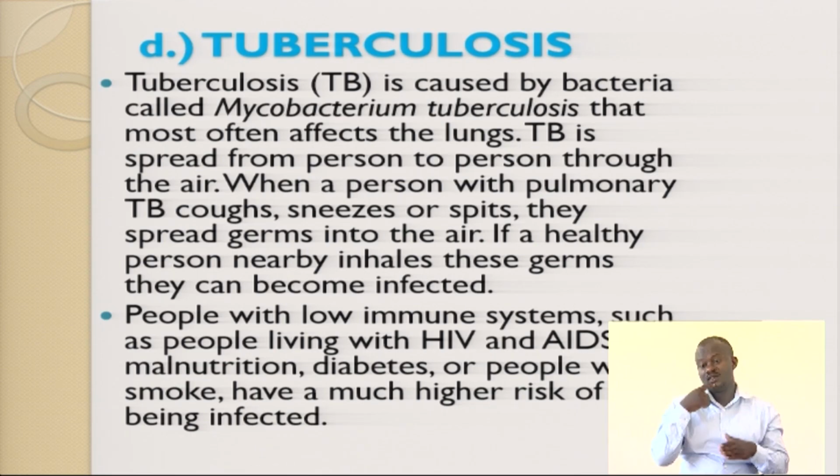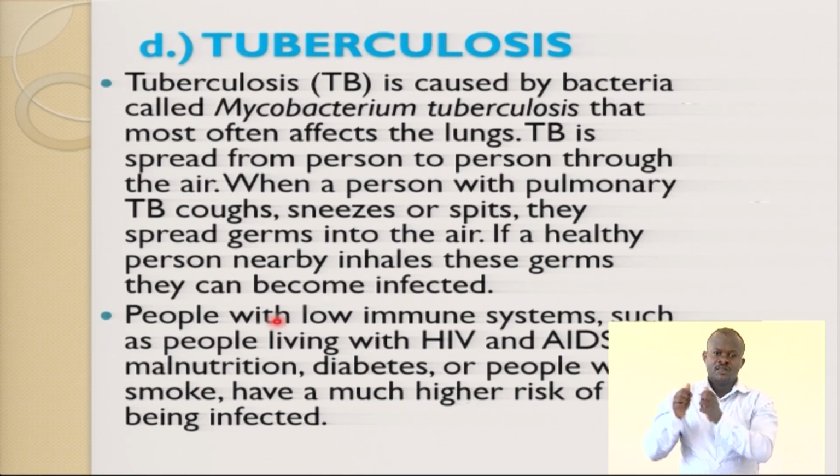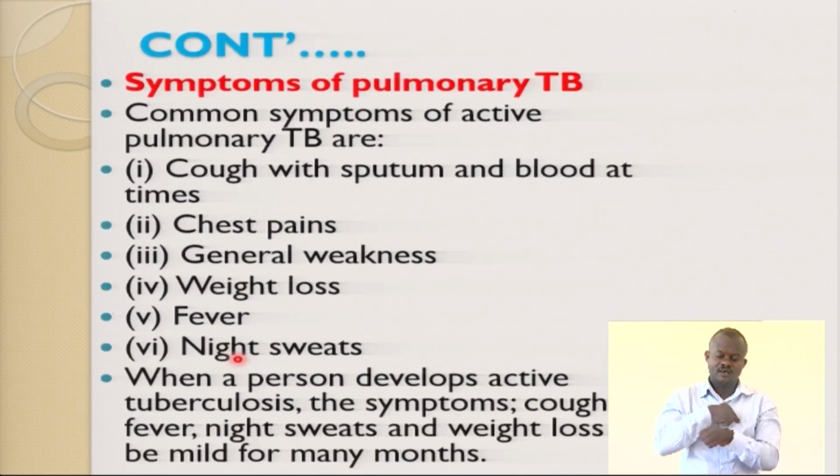So tuberculosis, most of the time, targets the groups of people who are HIV positive, who are malnourished, who are poorly fed, diabetic patients, people who are smokers, and these people have a high risk of being infected with tuberculosis. So we have tried to mention the groups, and I think these are the people who are at high risk.